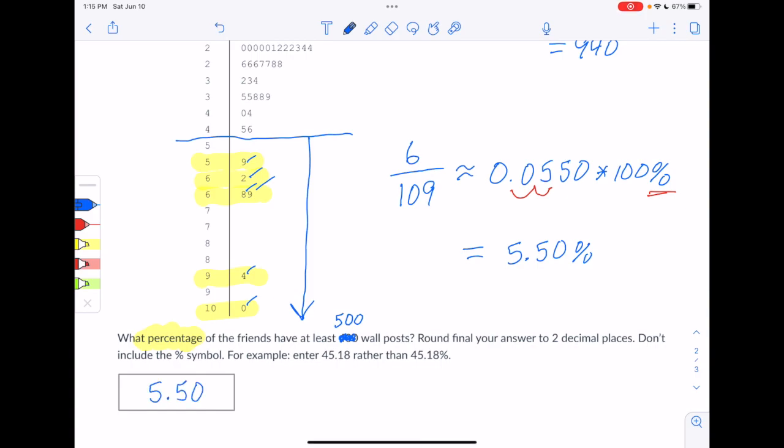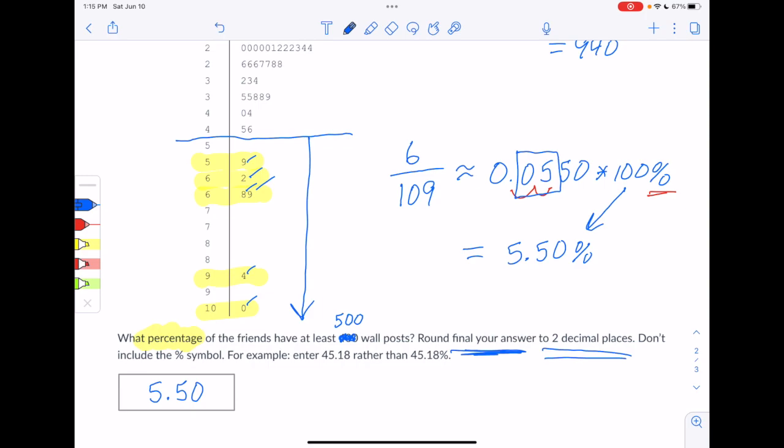Now that is equal to 5.5, but they asked us for 2 decimal places on the answer. So I'm going to make sure that I give them the 2 decimal places. Another thing you want to watch out for, by the way, is sometimes when people are told to do 2 decimal places, they think that they just need to stop right there. But it's 2 decimal places on your final answer, and we're not getting to our final answer until after we multiply by the 100%.